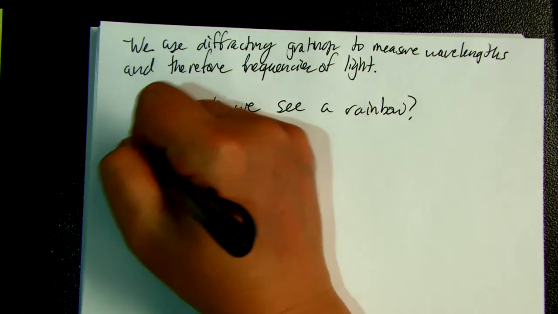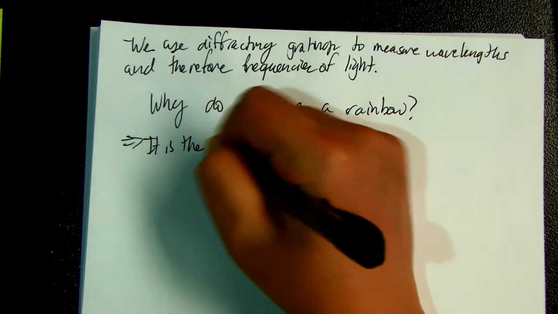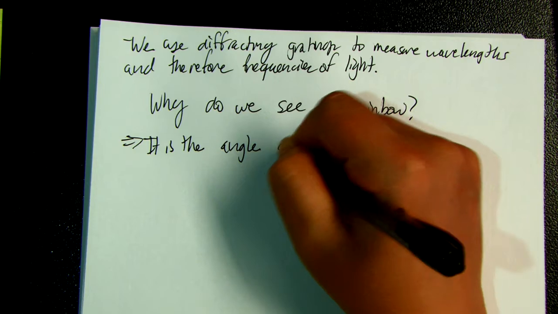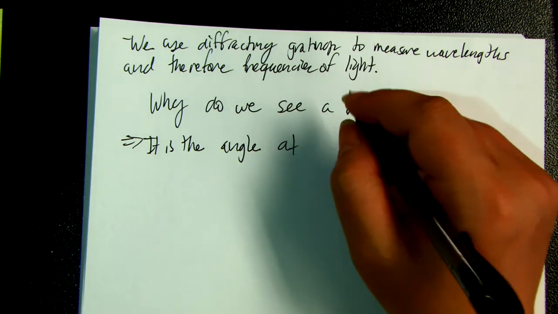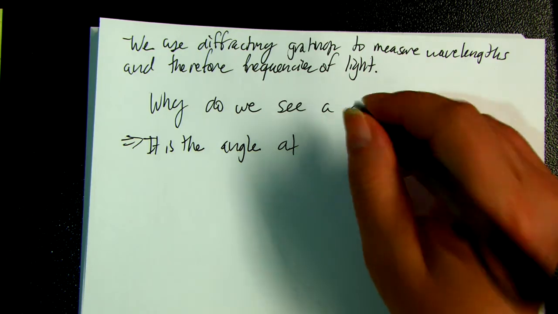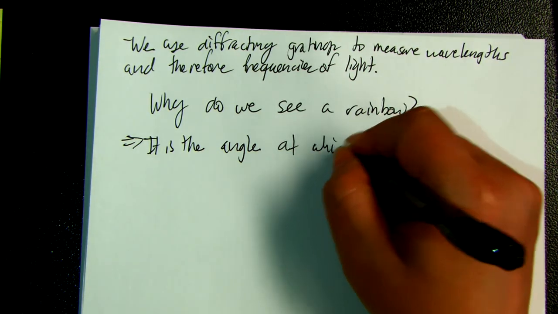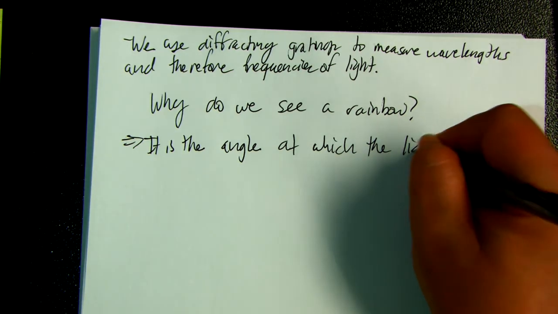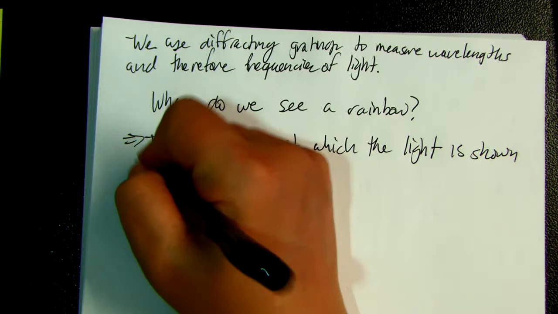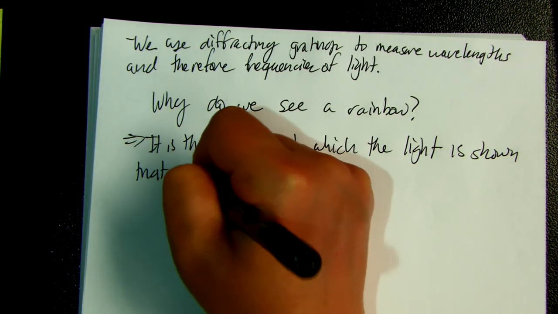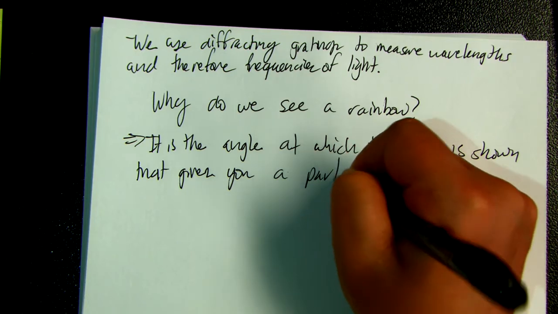And so it is the angle at which light is shone that gives you a particular lambda.